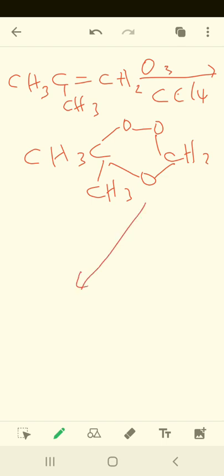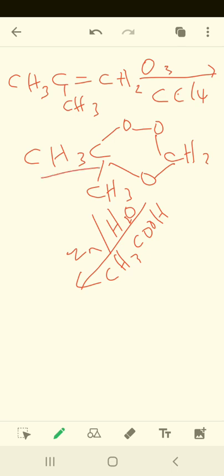Then when you hydrolyze this with zinc dust, zinc is just like a catalyst, in the presence of some ethanoic acid, you form products.